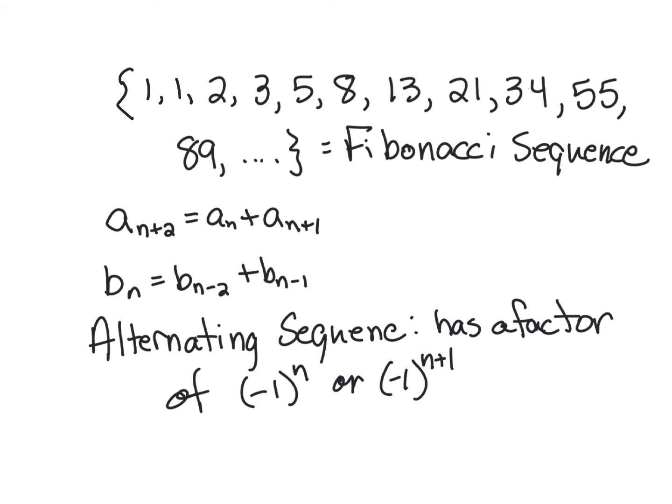The point is, if n is even, this term will become negative. If n is odd, then the power becomes even and the terms are positive. It's just the opposite for this. If n is odd, these are negative terms. If n is even, you get positive terms.